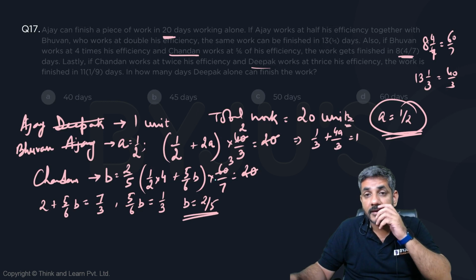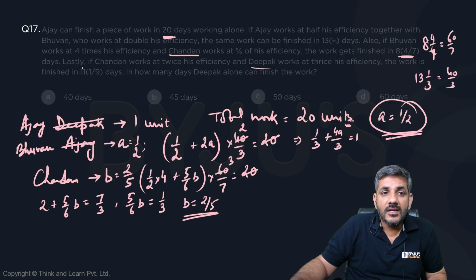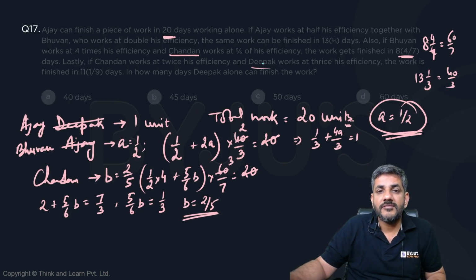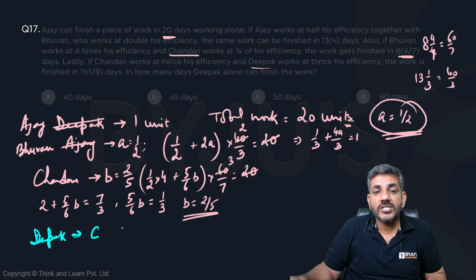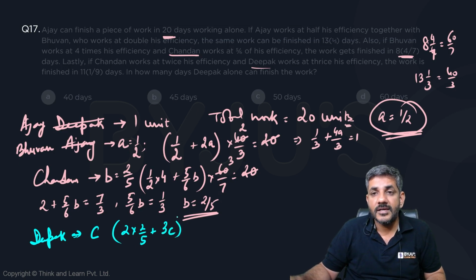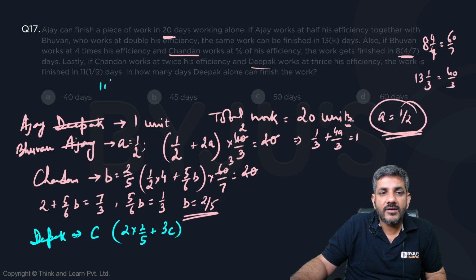Extremely lengthy it is. Now he says, lastly, if Chandan works at twice his efficiency and Deepak, now Deepak is also there. Let us say Deepak makes C units in a day. He says Chandan works at twice his efficiency. So twice of 2 by 5 Chandan works, plus Deepak works at thrice his efficiency, which is thrice of C. They can complete the work in 11 and 1 by 9 days.